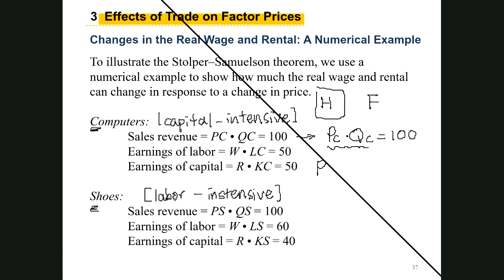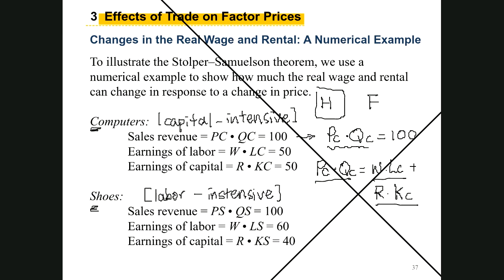So PC times QC is equal to W times LC plus R times KC. Just two production inputs, so I have to pay for two inputs. This is my revenue and this is my cost. And in this case, it's 50/50.